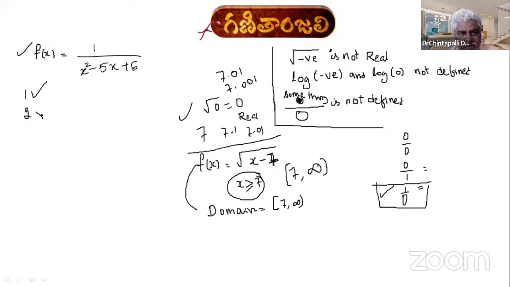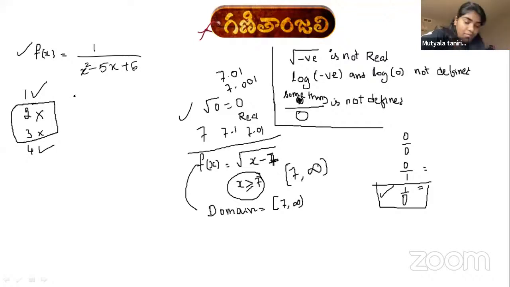So 2 is not in its domain. 3 is not in its domain either. 4 is accepted. 4 is also accepted. So it is very clear that except 2 and 3, everything is accepted.